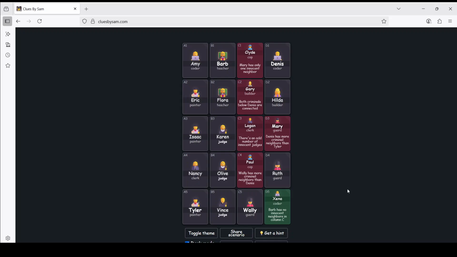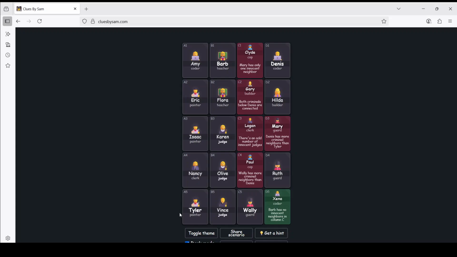So Wally has more criminal neighbors than Dennis. Wally is in C5, Dennis is up in D1, and we also know Dennis has more criminal neighbors than Tyler, who's over in A5. So let's see if we can break this down a bit. Right now, Dennis has 2 criminal neighbors revealed.